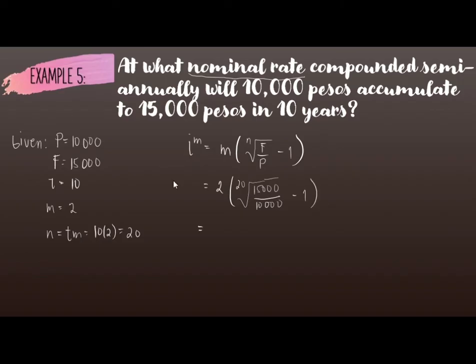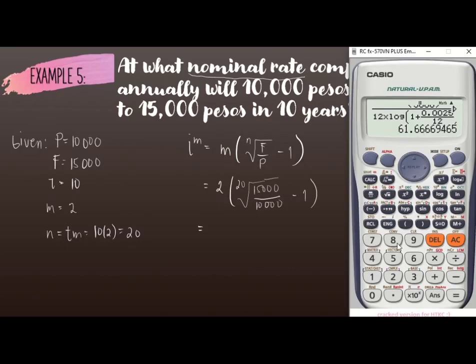Okay. So, input natin ito sa calcu. Okay, so 2 times or parentheses, pwede tayo gumamit. So, hanapin natin yung may radical sign. Ito. So, 20. Then, yung nasa loob is 15,000 over 10,000. Then, minus 1.